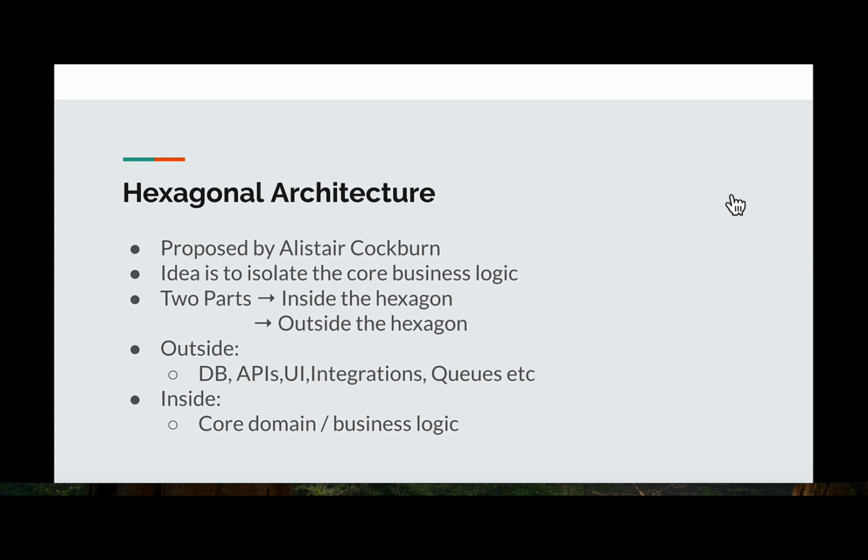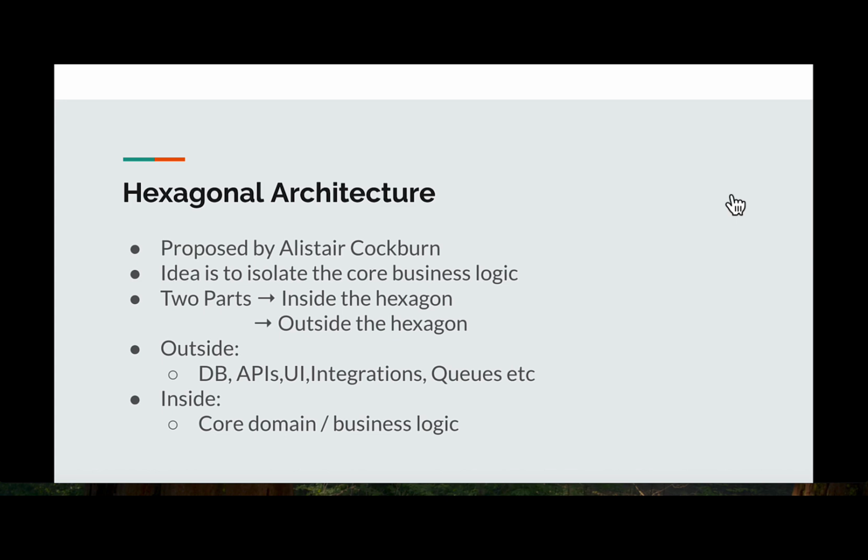Inside the hexagon you write the core domain, the core business logic that is completely independent of any outside applications. Outside of the hexagon you can find the DB, APIs, integrations, queues, or downstream API integrations. This is the way it gets separated.